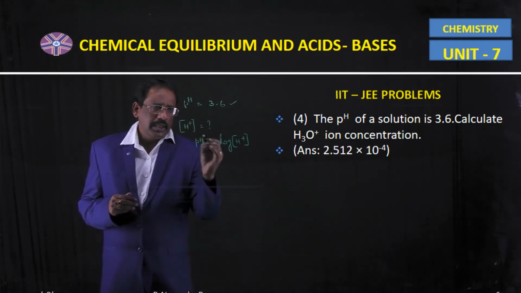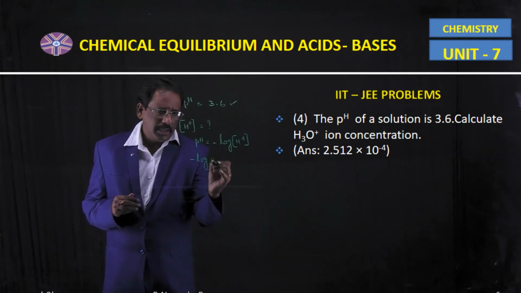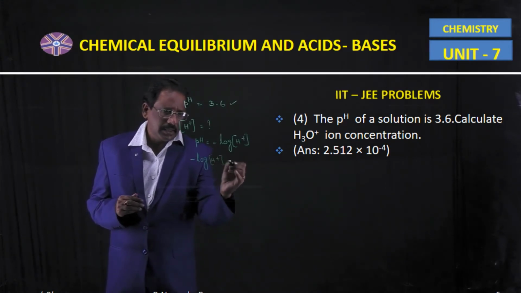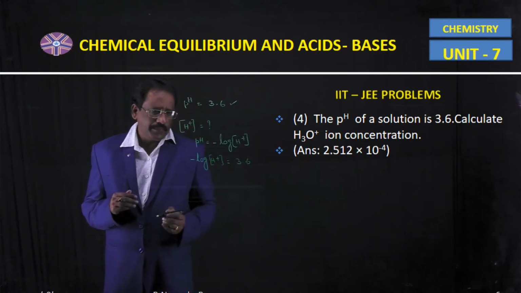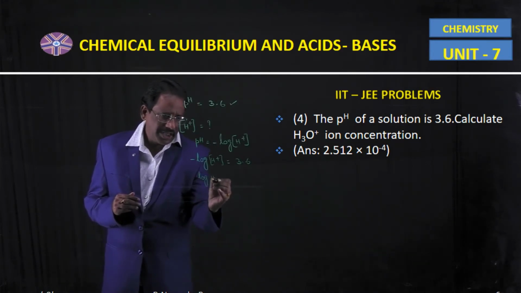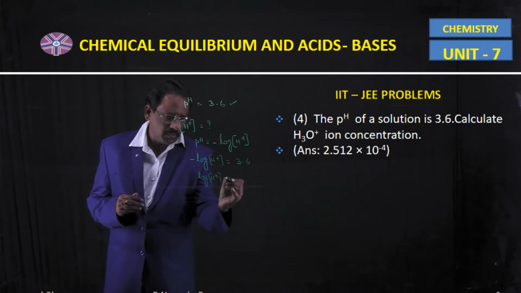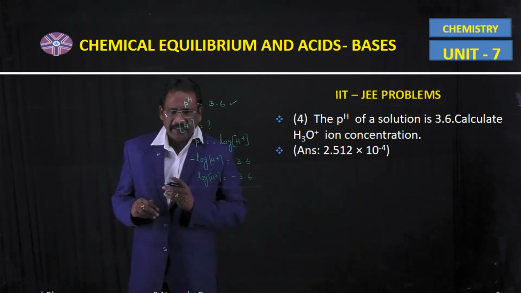So here minus log H plus is equal to 3.6. Therefore, log H plus is equal to minus 3.6.